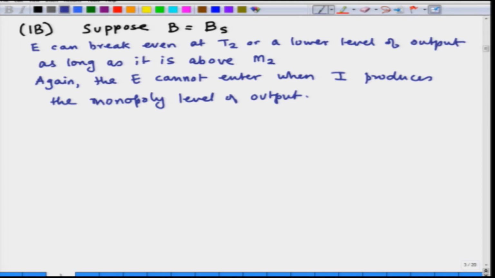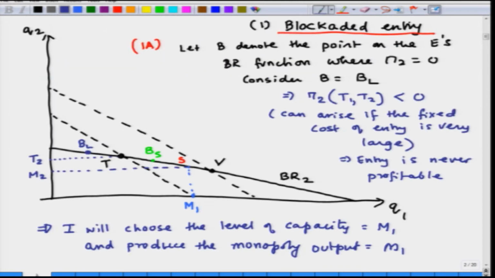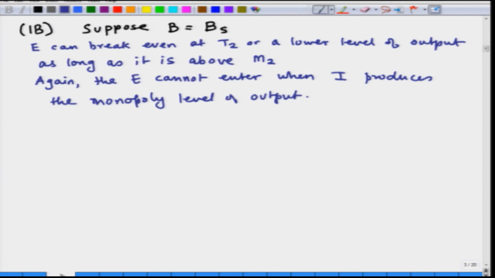Here the fixed costs are not as large as under blockaded entry, but they are still substantially high, so that profit becomes equal to 0 at some point between T and S, but the incumbent still finds it optimal to choose the monopoly level of capacity at K1 bar and thereby deter entry.